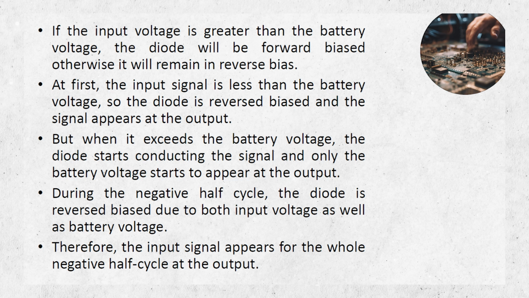But when it exceeds the battery voltage, the diode starts conducting and only the battery voltage appears at the output. During the negative half cycle, the diode is reverse biased due to both the input voltage as well as the battery voltage. Therefore, the input signal appears for the whole negative half cycle at the output.